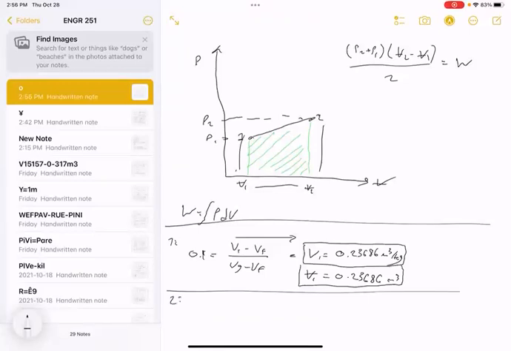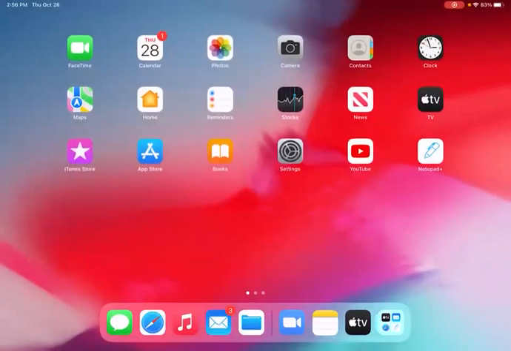Let's look a little bit at state 2. So state 2, what are we told? We are told that we have a temperature of 250 and a pressure of 0.8, I believe. Let me just confirm.